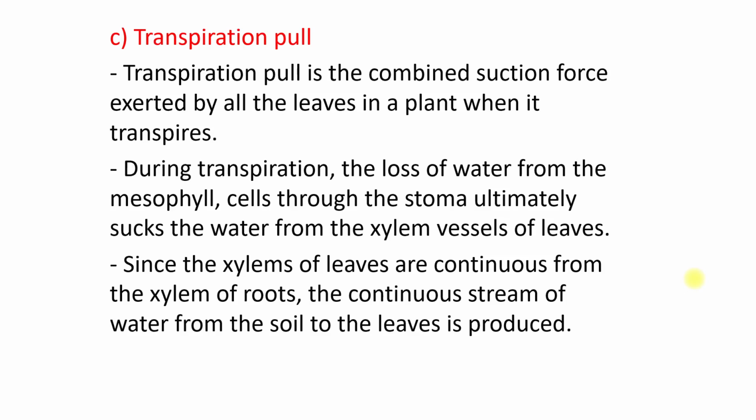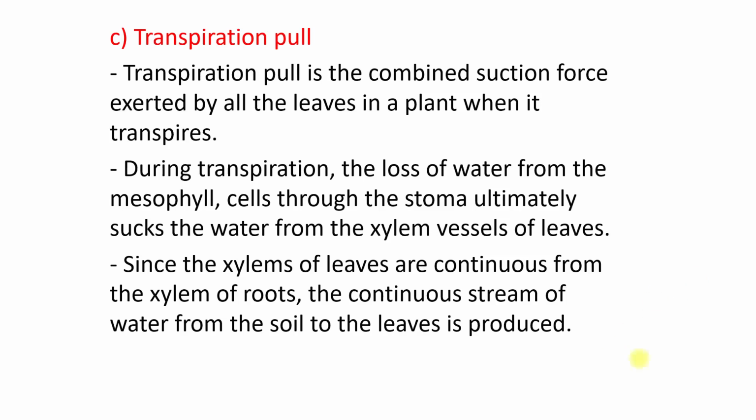It's pretty obvious that when water in the mesophyll is lost as water vapor through the stoma, the water that was lost from the mesophyll must be replaced, right? It is being replaced by water from the xylem.